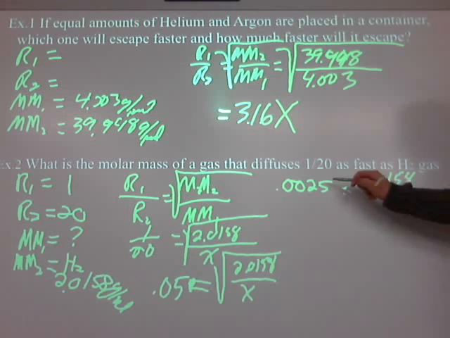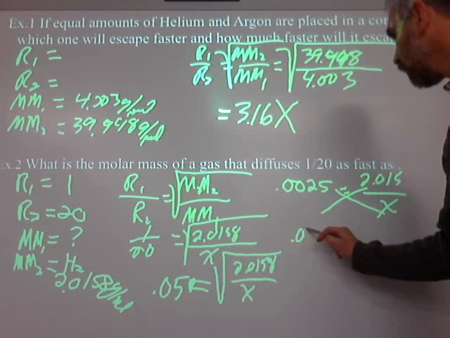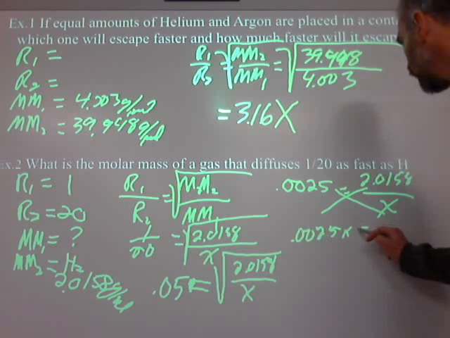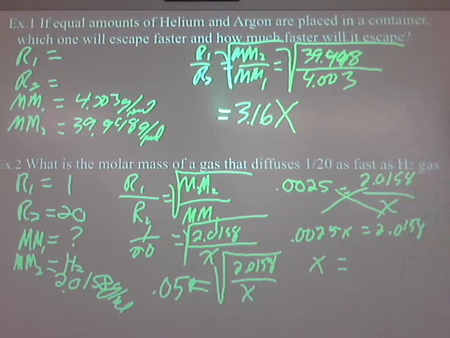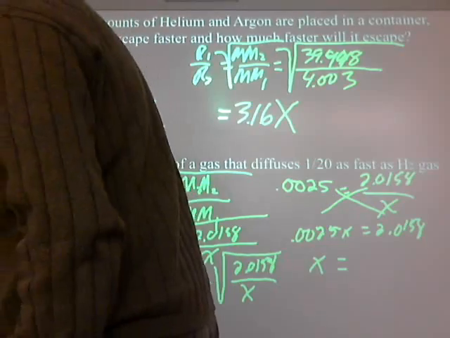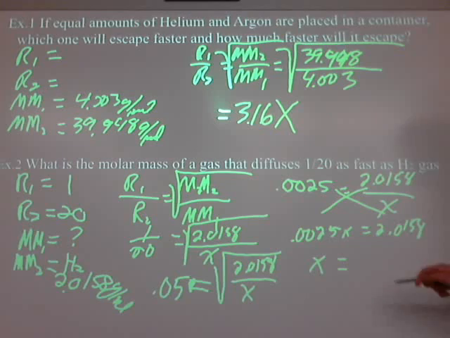All right, so now I just cross multiply, and I get 0.0025X equals 2.0158. What is X? Divide that by that. What do you get? It's a pretty big number. Anyone? 806, is that correct?